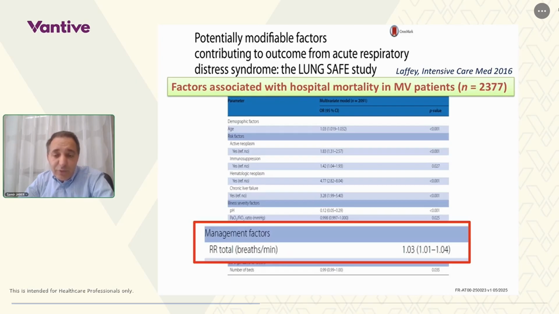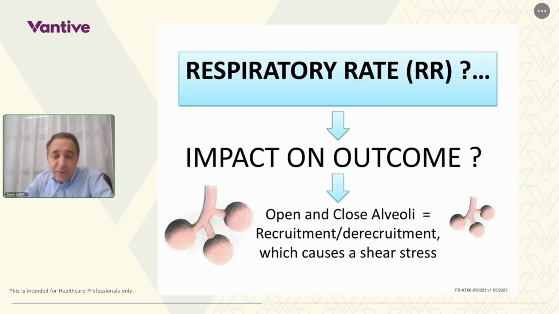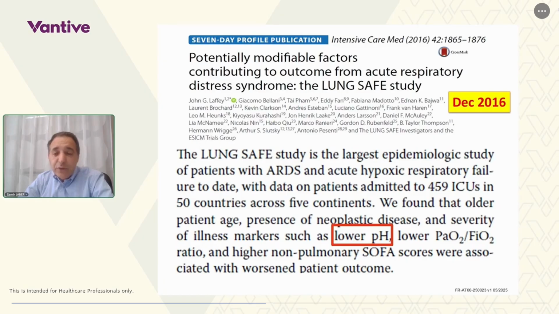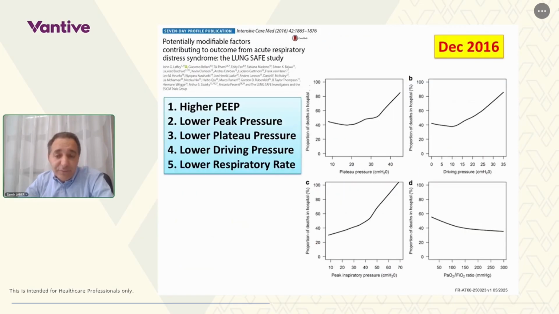As you see, the higher the respiratory rate, the more open and close stress in your alveoli. This is alveolar recruitment and derecruitment, which causes shear stress and then increases morbidity and mortality in the patient. The second point is that lower pH with higher hypercapnia is associated with more mortality in this LUNG SAFE study.